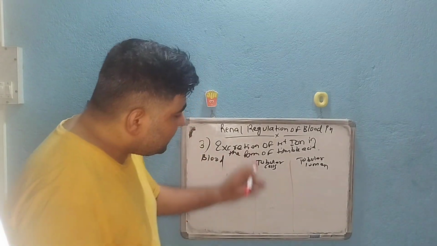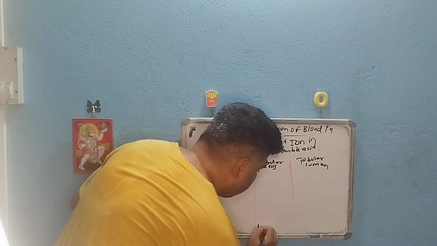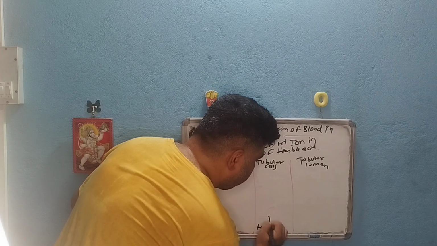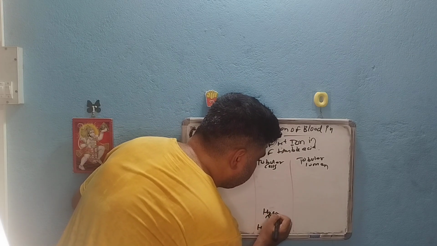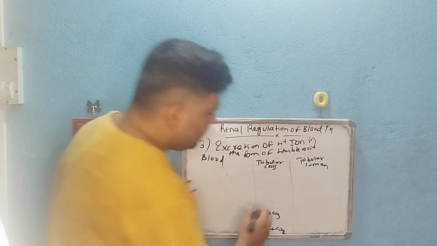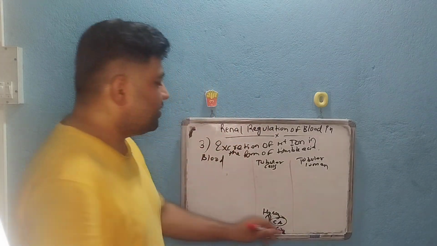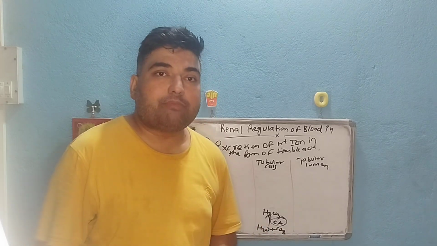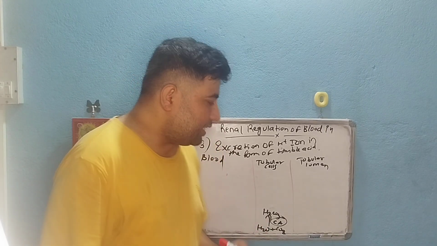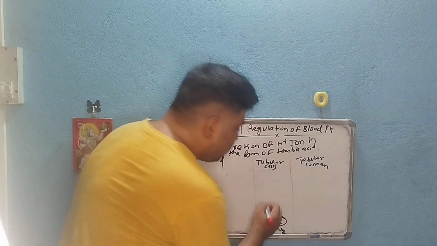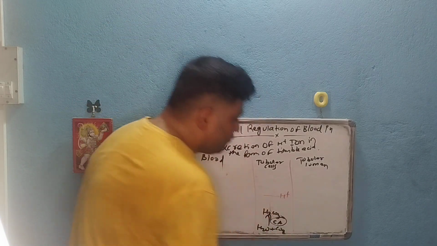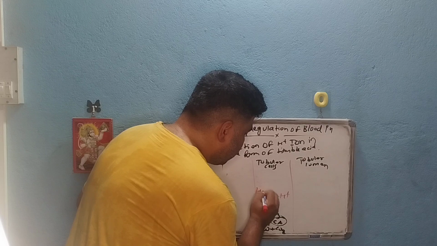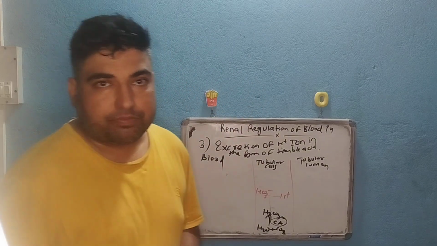Inside the tubular cells there is a formation of carbonic acid, which is formed from water and carbon dioxide. The enzyme catalyzing this reaction is carbonic anhydrase. This carbonic acid then dissociates into H plus ions and bicarbonate ions.